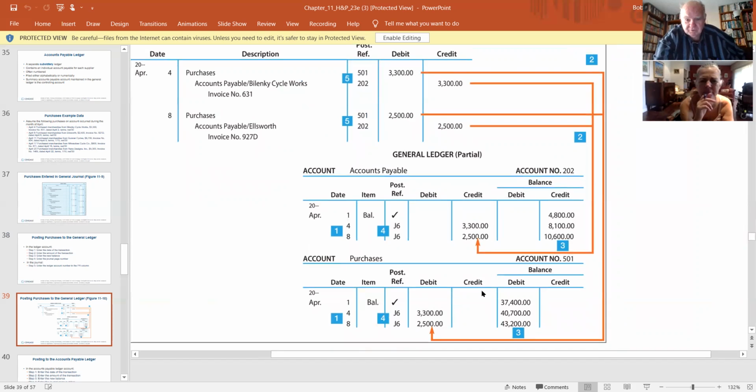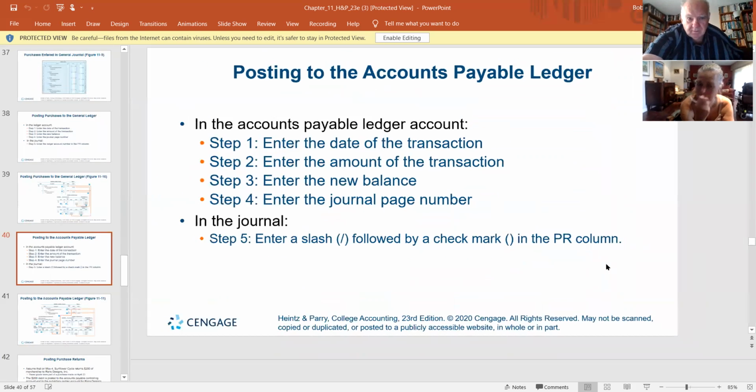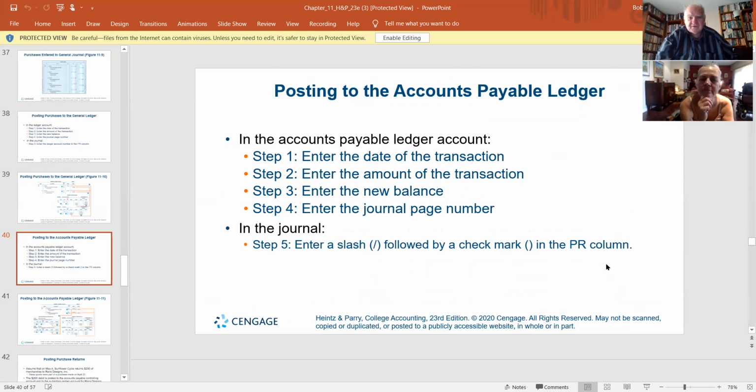There's the purchase side, the debit. So you don't have any trouble with that, I wouldn't think, huh, Carrie? No, I just have to take my time. Yeah, you just bring it over, the debits and credits. Now we're posting to the accounts payable ledger, and it's the same exact process.